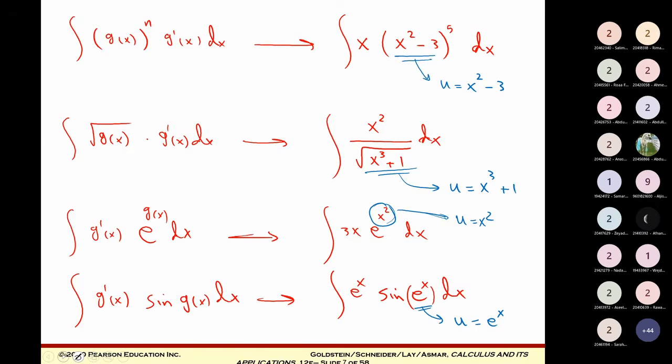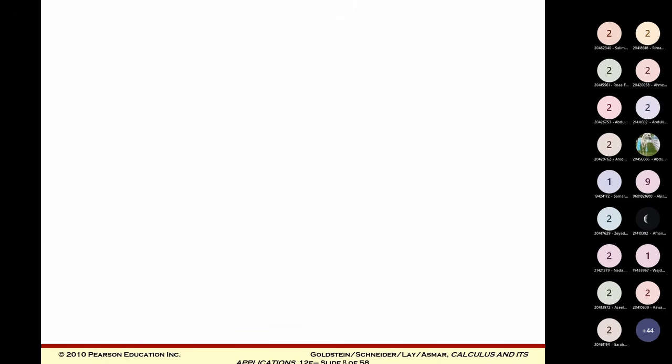Okay, now I put some examples to find. Number one, the integral of 3x times x squared minus 5, all to the power 3, dx.